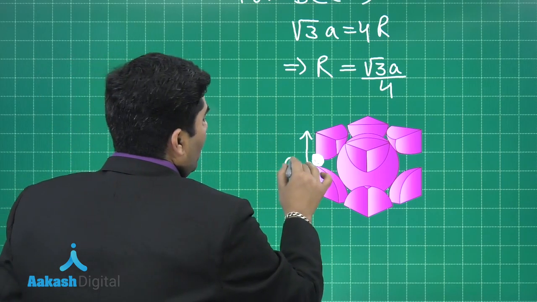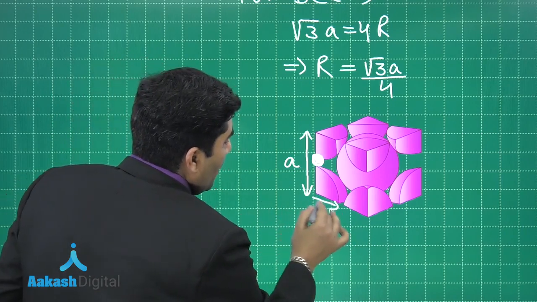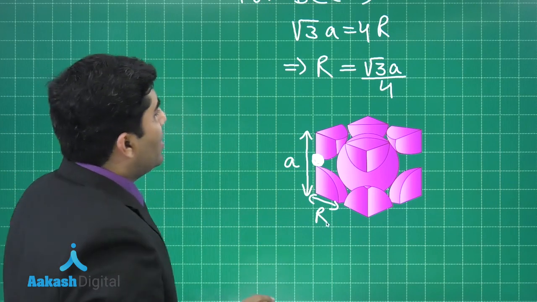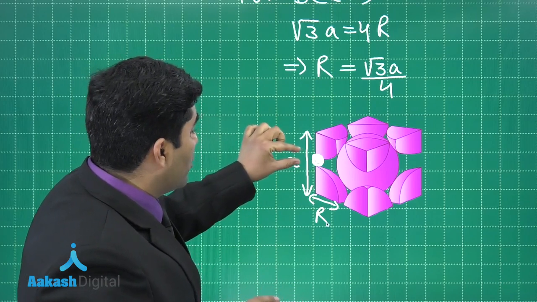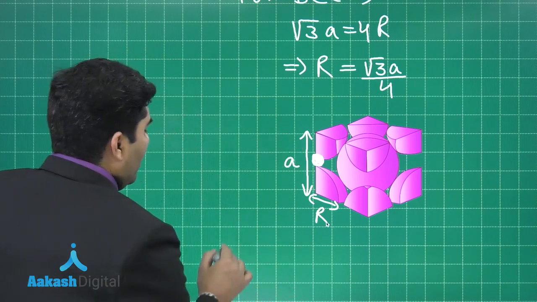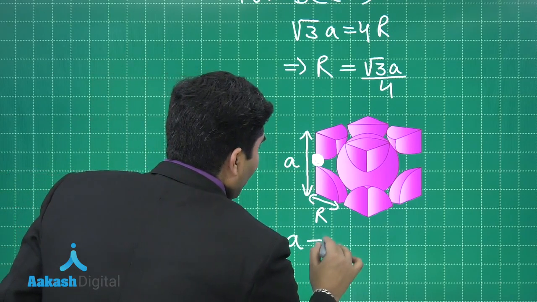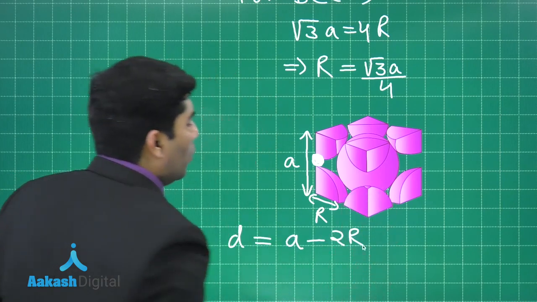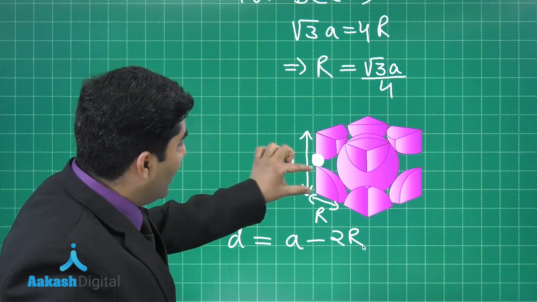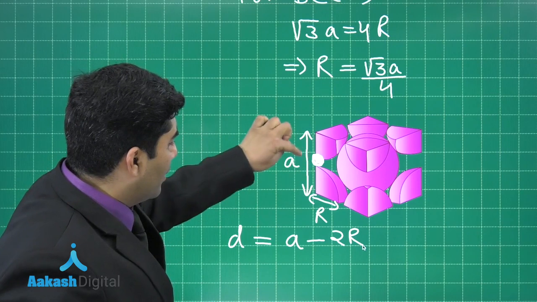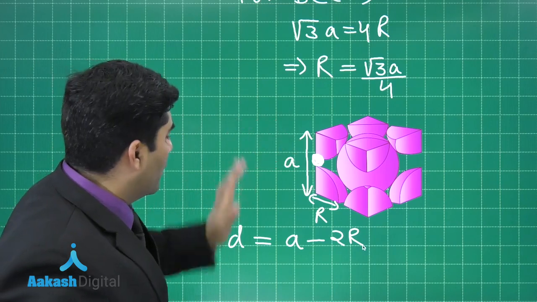So this is A. Now the radius of one sphere is R. So this is the relation between A and R, and we have to find out the distance of that small region. It means that the D which we have to find out will be equal to A minus 2R. This is A minus 2R, one radius, another radius, and we get this small void in which this sphere exists, right?